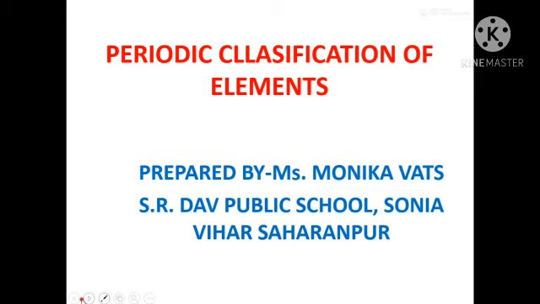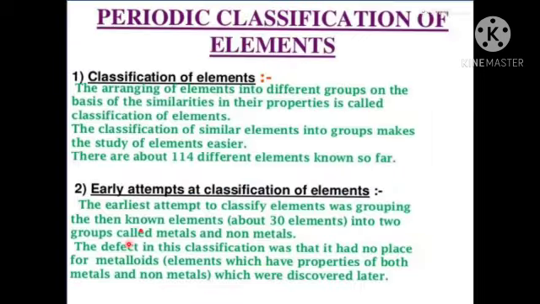Let's discuss the chapter, then this terminology will be much clearer to you. Periodic classification of elements. First we discuss classification of elements. The arranging of elements into different groups on the basis of their similarities in their properties is called classification of elements.